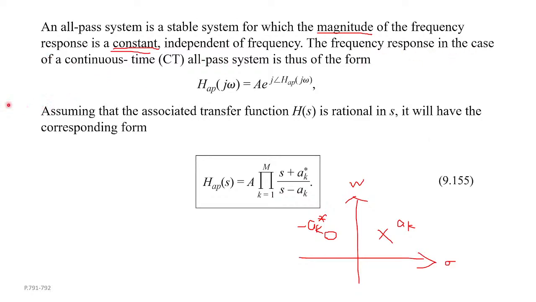So that's the allpass system, and if you want to write this down in an equation, the system function is going to have a constant magnitude, and then you can have some phase that depends on j omega, on omega. Now let's think about the Fourier transform.